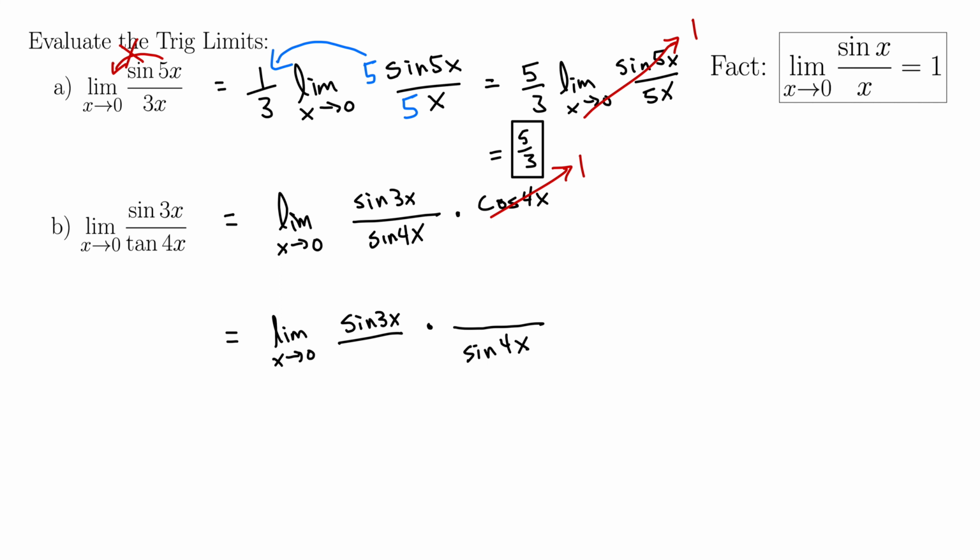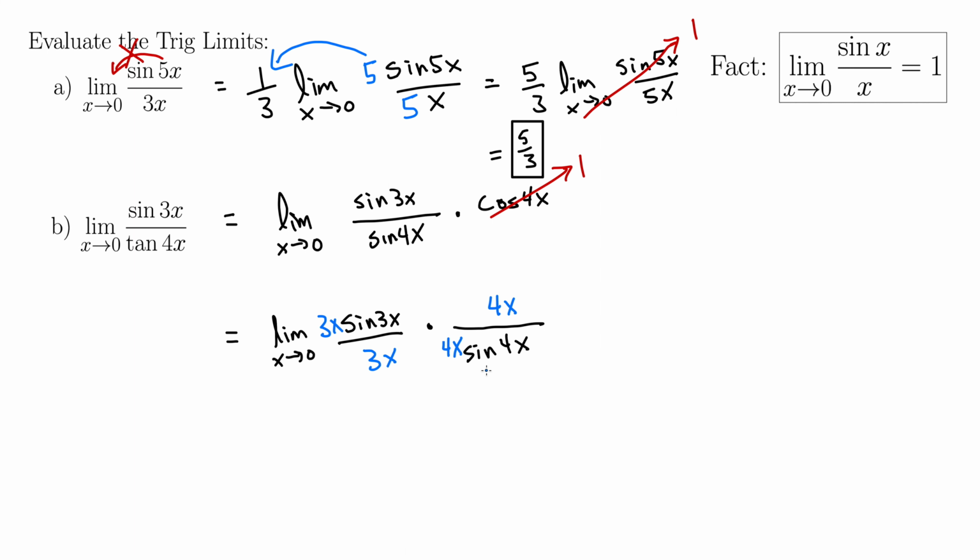Now we need 3x down below, so I'll do 3x down here to make those match. Those now match, but we can't go around adding 3x in wherever we want, so I'm going to take it out up here. Same with the right side here. We need a 4x there, and then I'm going to take it back out by dividing by it.